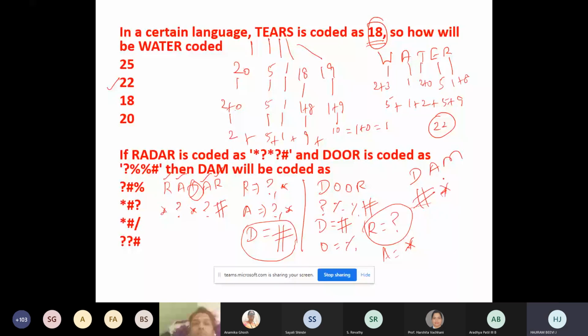In the second and third only, we are having star and hash. Here we are having question mark, then slash symbol. Previously we know that question mark is for R, but here we are having M, so this one is also not the option. So the right one is this one: star, hash and slash.